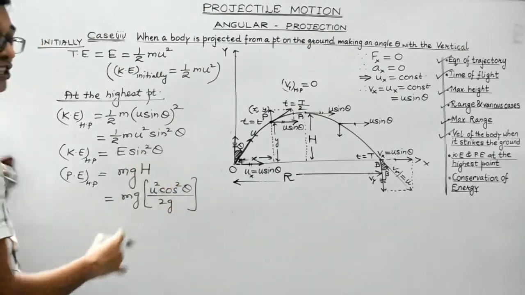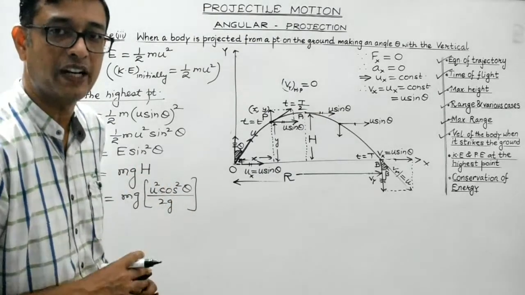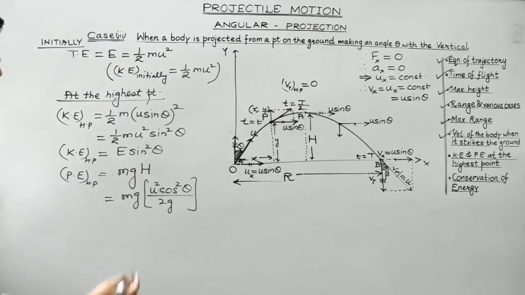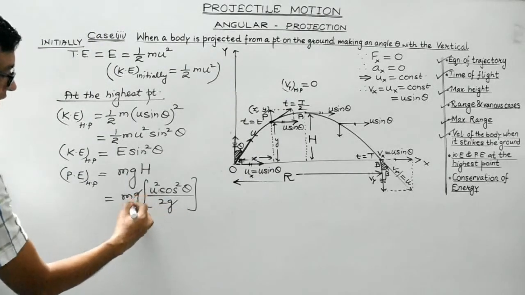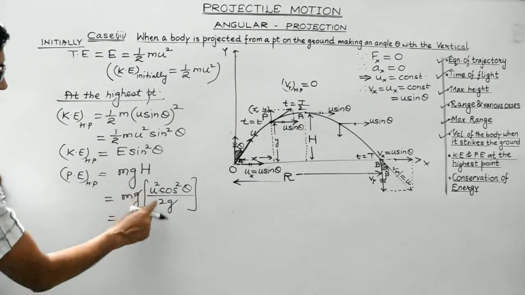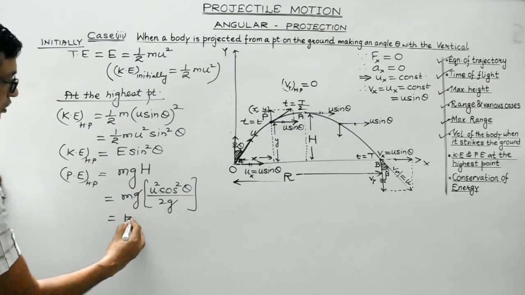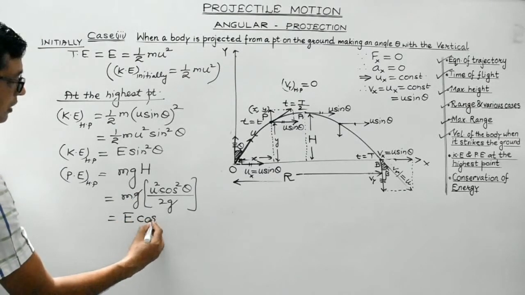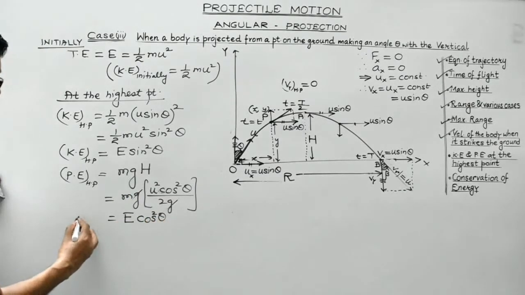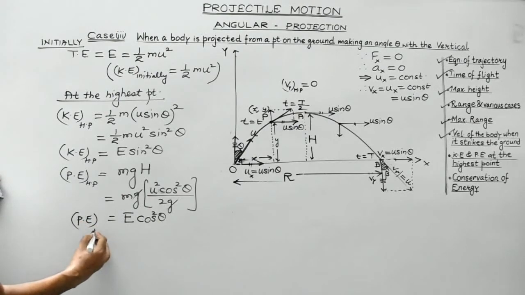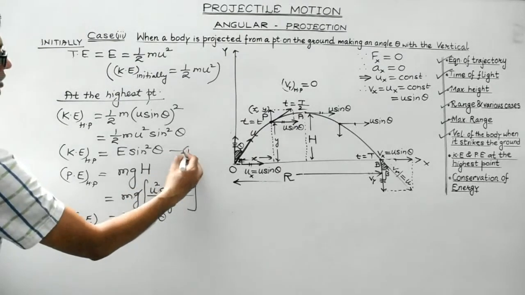This is the expression for the maximum height which we have obtained just a few minutes earlier. So g gets cancelled, and we get half m u square, which is the initial energy, multiplied by sine square theta. This is the potential energy at the highest point. Put this as equation 1.